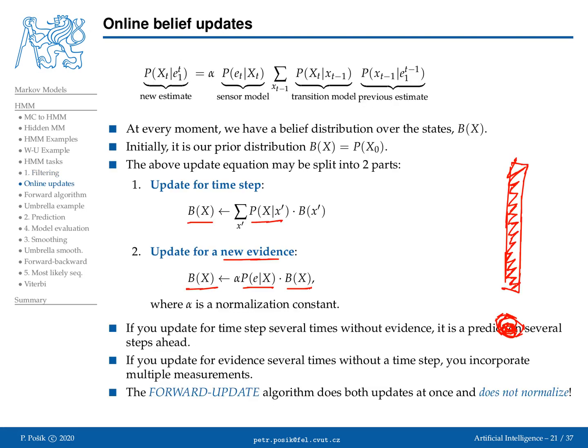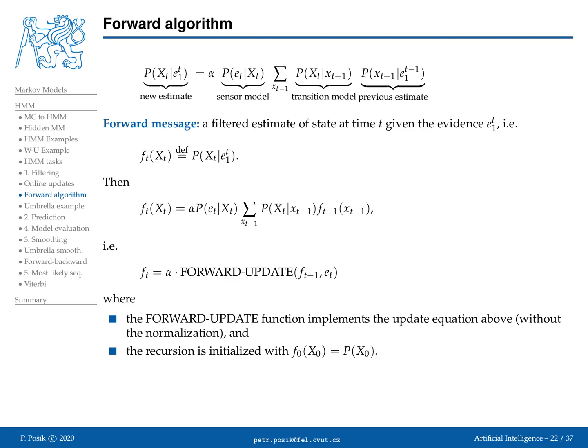On this slide, I just replaced this belief distribution over the hidden states by this b(x). It is the current belief state over x, and it is actually defined as this probability. And on this slide, where I describe the forward algorithm, again, instead of this probability or this b(x), I use this f_t.